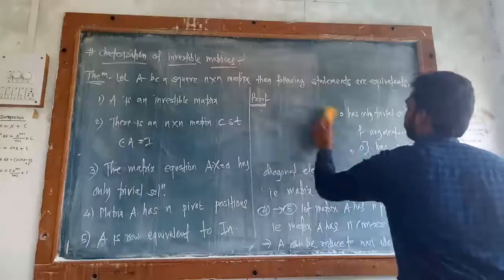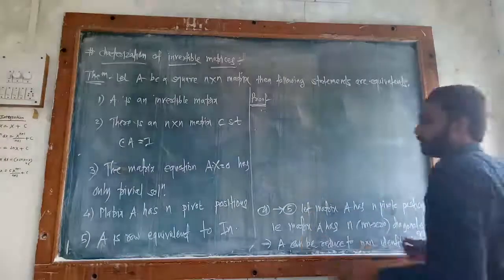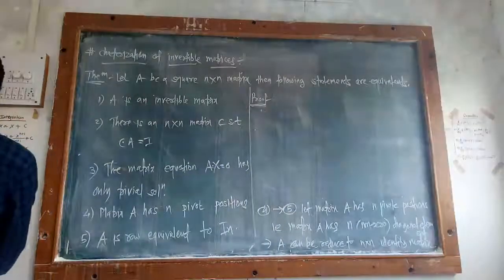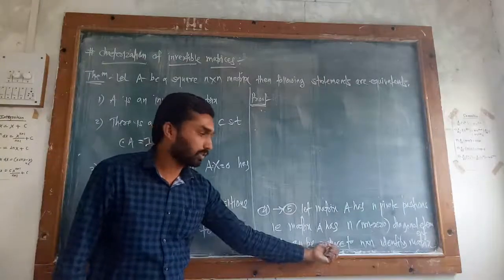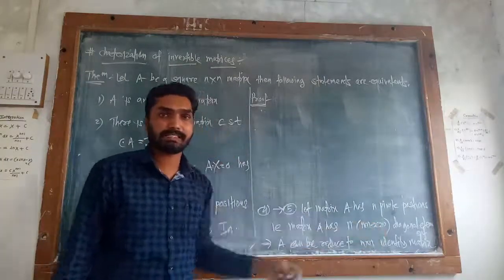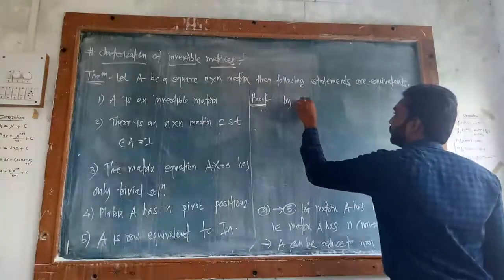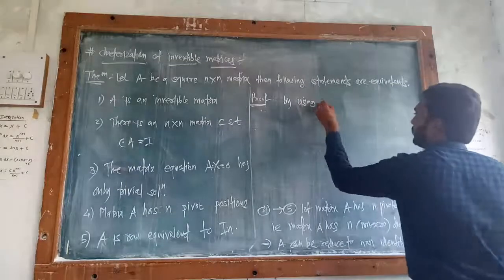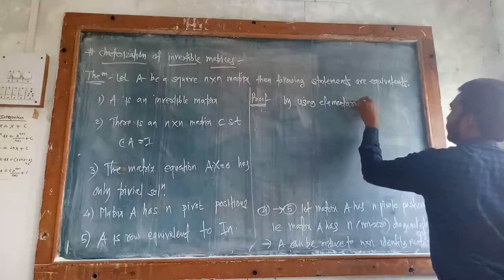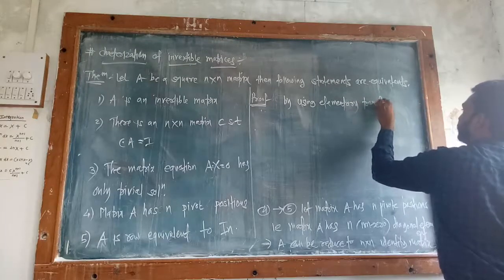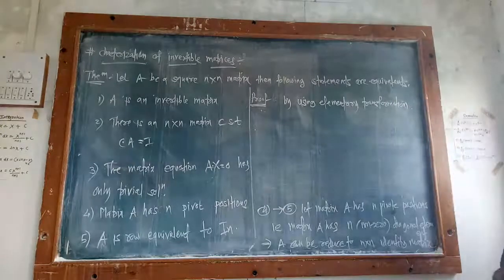We reduce matrix A to the n cross n identity matrix by using elementary transformations, right?